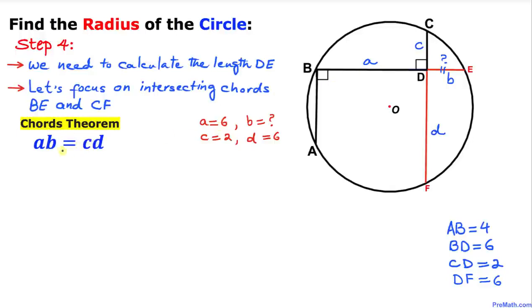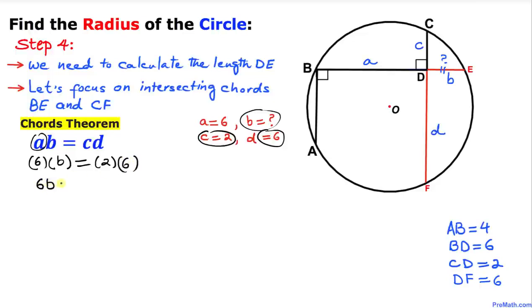So let's go ahead and apply this chords theorem to our problem. A times B equals C times D. Let's fill in the blanks. In our case, A is 6 units times B, we don't know B, so I'm going to put down times B, equal to C, in our case 2, times D, which is 6. Let's simplify that. So 6 times b equals 12. Let's divide both sides by 6.